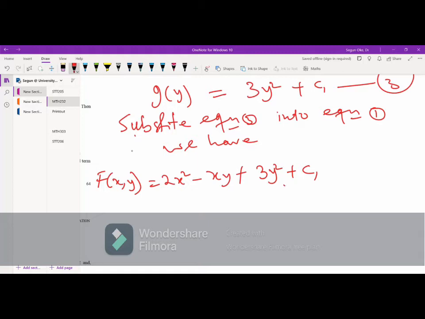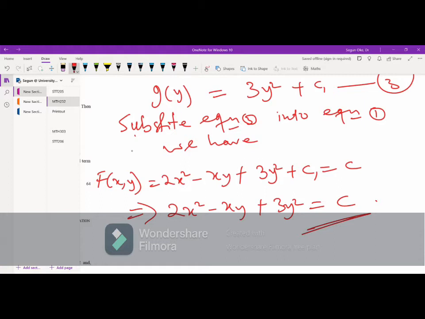So everything equals c. Remember, our f of x, y implies that 2x squared minus xy plus 3y squared equals c. That's what they ask you to do.